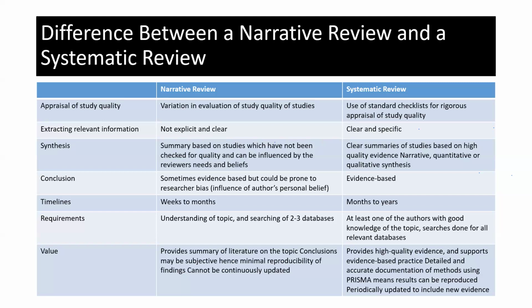You go to the different databases, you retrieve information according to the PRISMA statement, then those are reviewed by 3 or more authors, and then you start judging them on some quality criteria, and then you start writing. So it takes a bit of time. It can take months to years, and that also includes the publication of systematic reviews. So in narrative, you can just go into 2 to 3 databases.